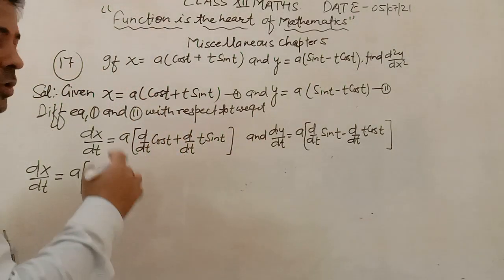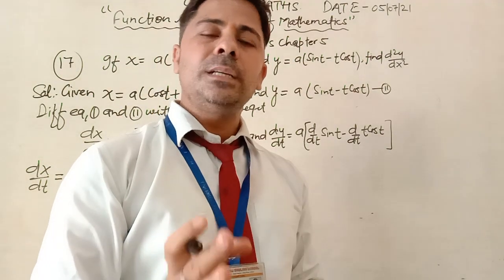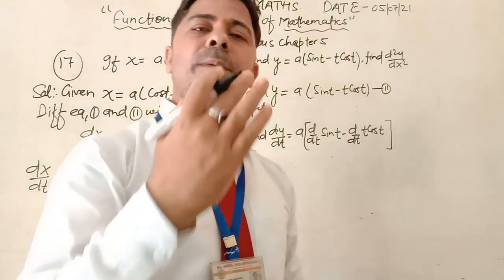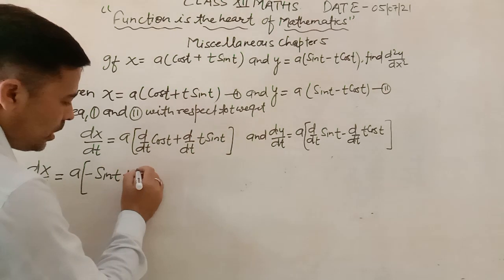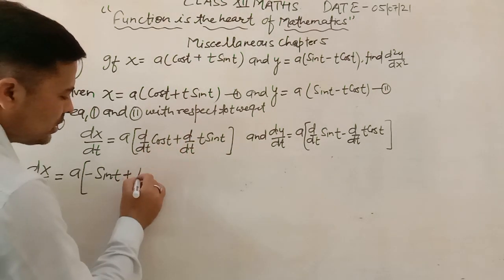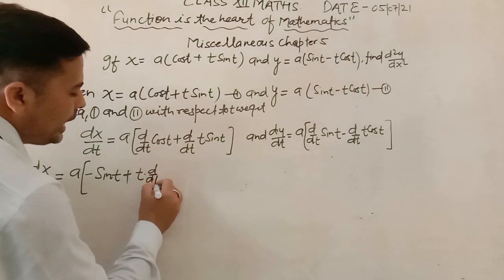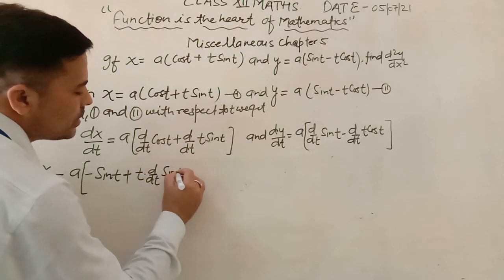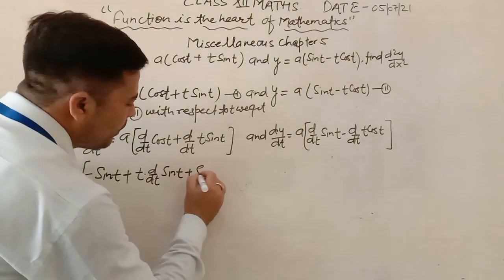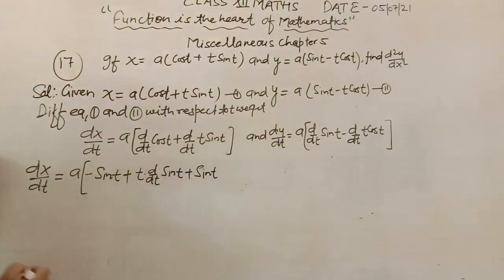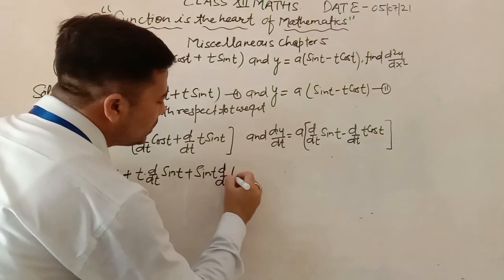So using the formula, first function into d by dx of second plus second function into d by dx of first, taking t as the first function, it is t into d by dt of sin t plus sin t into d by dt of t.